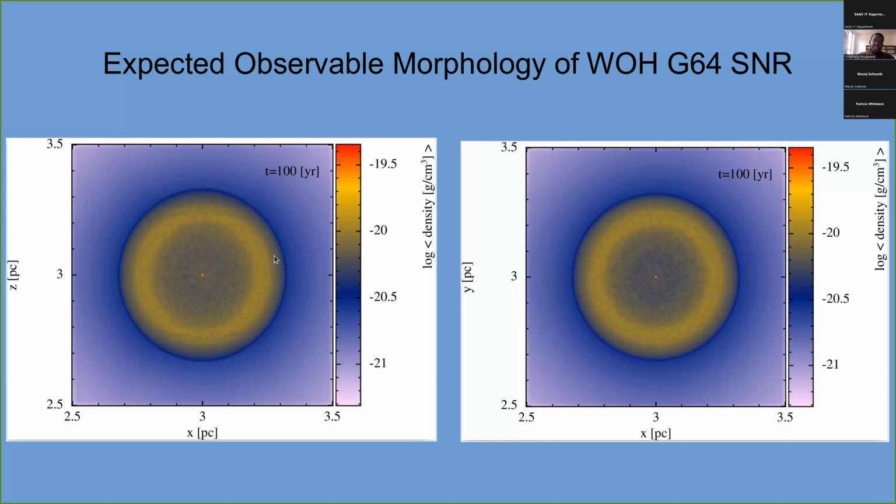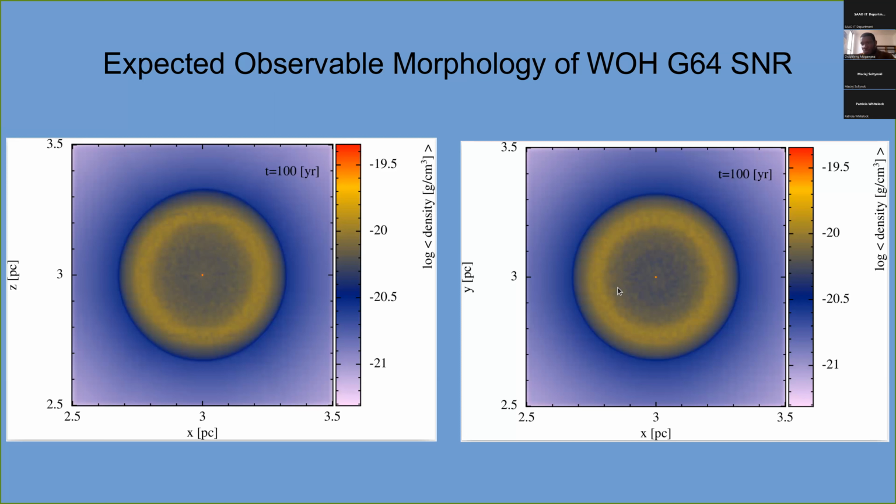But in a sense, you still have the spherical profile, so it wouldn't really affect the asymmetry, because if you allow this to evolve much further into 200 and 1,000 years, then the material in the torus would catch up to the material in the biconical cavity, and you still have that spherical symmetry.